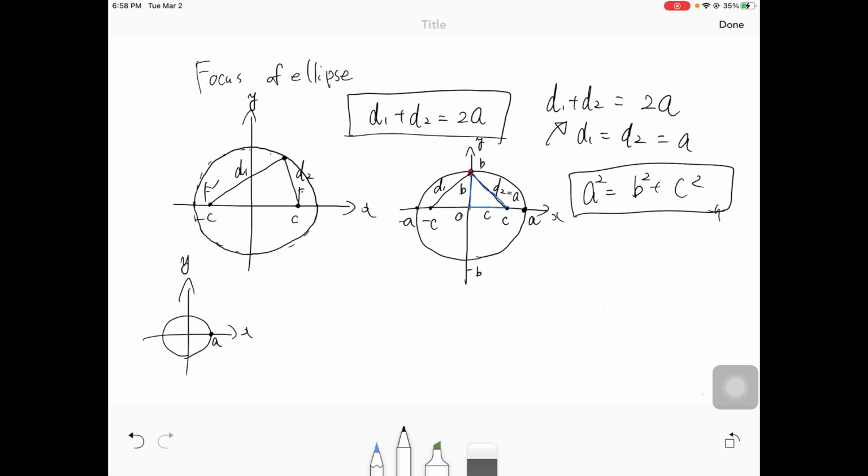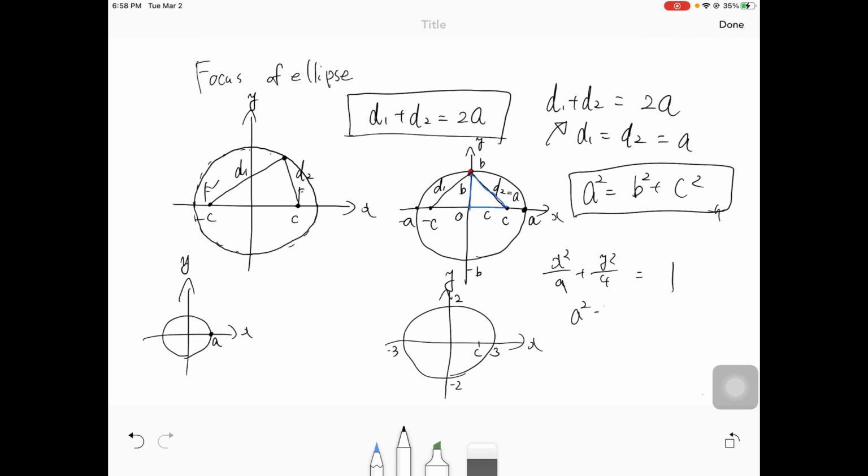Let me give you an example. If you have the ellipse here, y, x, and the x values here are 3 and negative 3 and 2 and negative 2. And this graph is x squared over 9 plus y squared over 4 equals 1, according to the equation that I explained in the beginning. And you want to find the value of c.